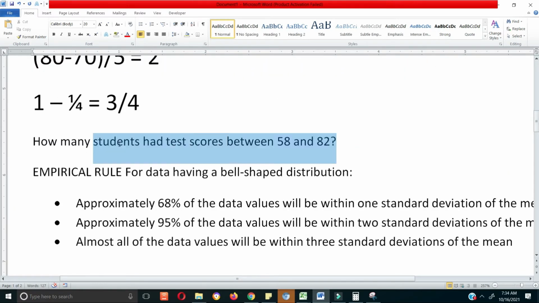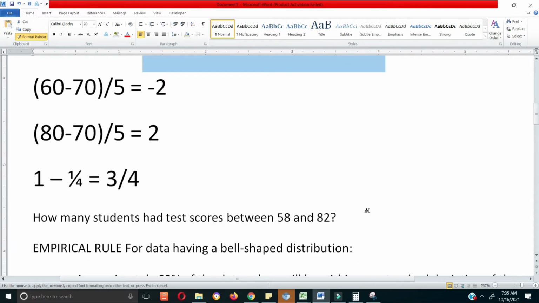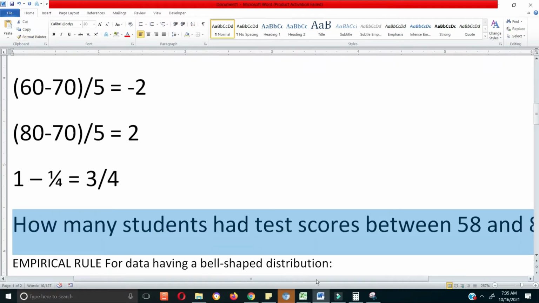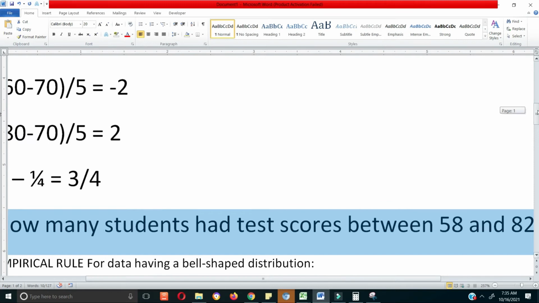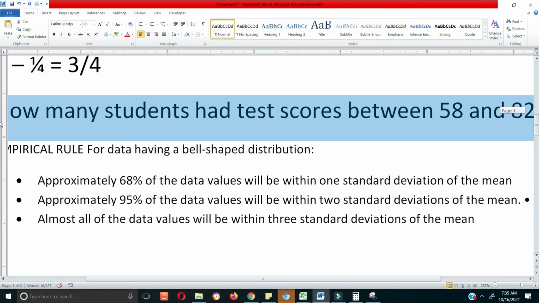Between 58 and 82, again, we can compute with a fair degree of certainty the number of students in this range.